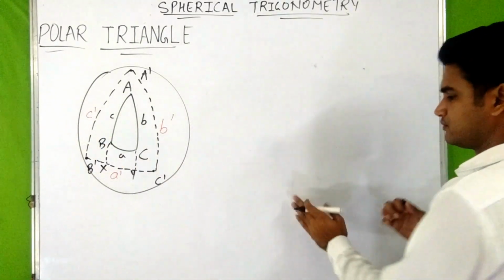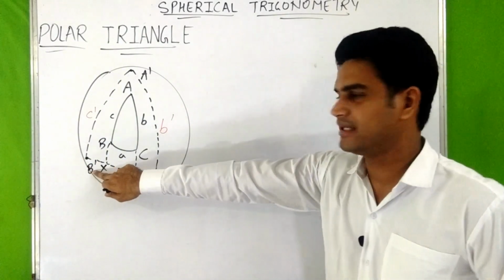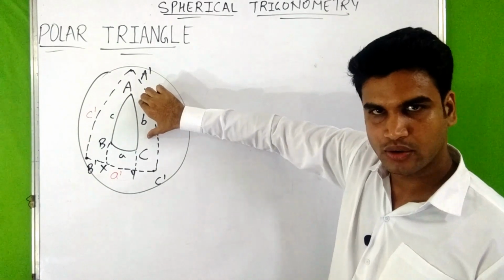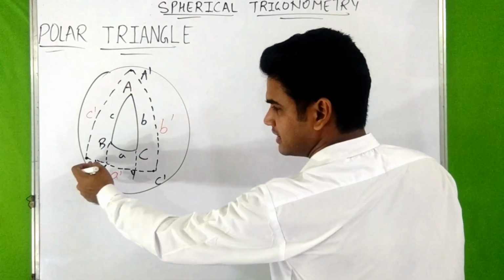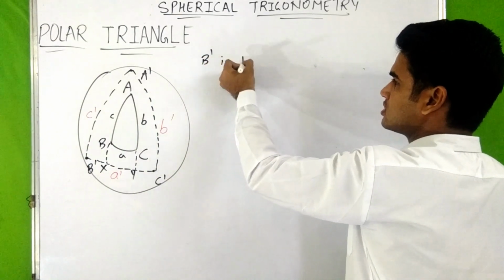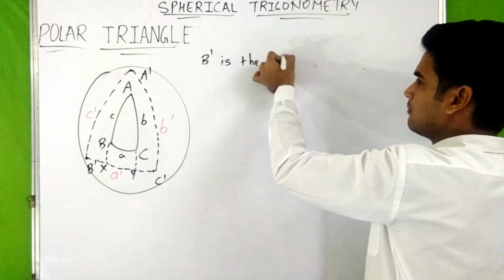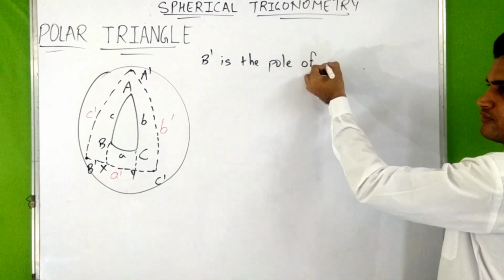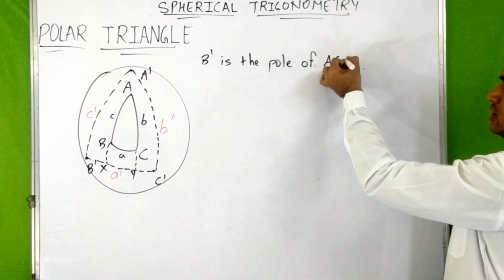Now, as I told you, capital B dash is the pole of the side small b. So we can say that B dash is the pole of ACY.